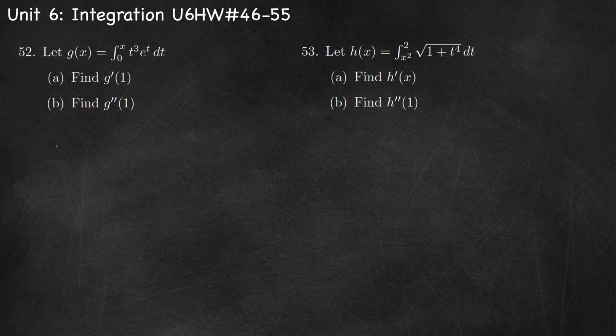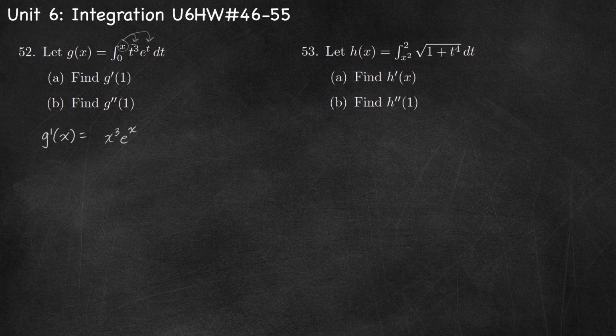52, let g of x equal the integral of t cubed e to the t dt from 0 to x. We want to find g prime of 1 and then g double prime of 1. So first let's find g prime of x. G prime of x is the derivative of the integral. So we can use our shortcut to take the derivative of the integral where we substitute in the upper limit of integration in for the t. So that would be x cubed e to the x.